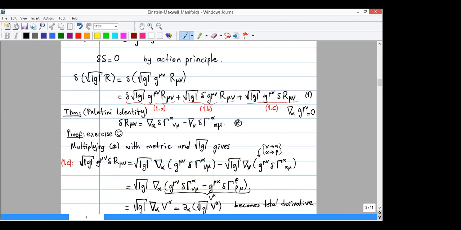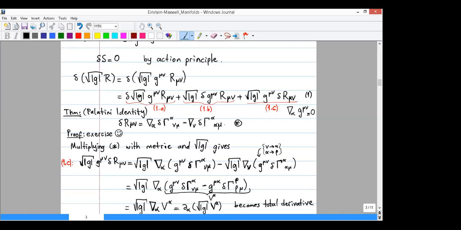So R, we can write as the product of the inverse metric with the contracted indices of the Ricci curvature tensor. So we just need to apply variations to all three terms.